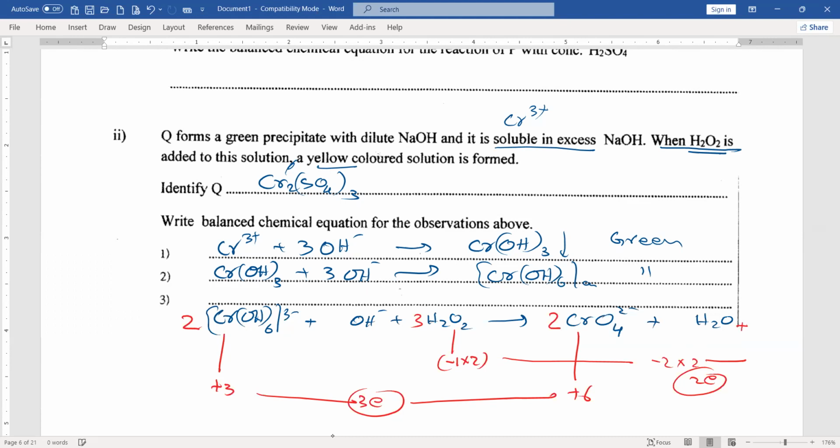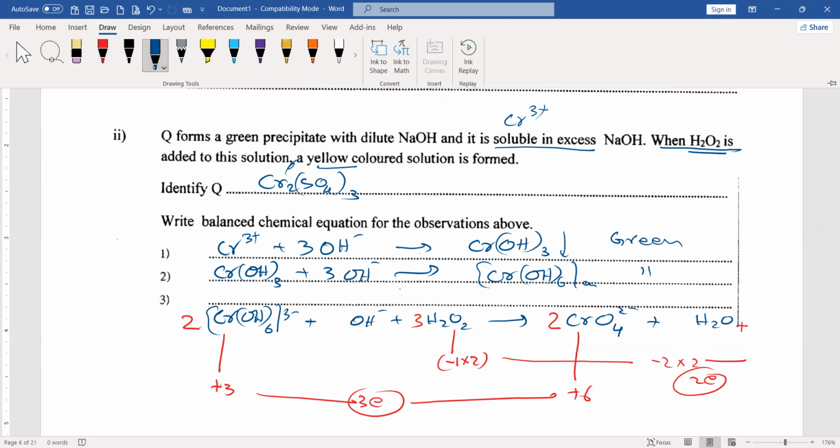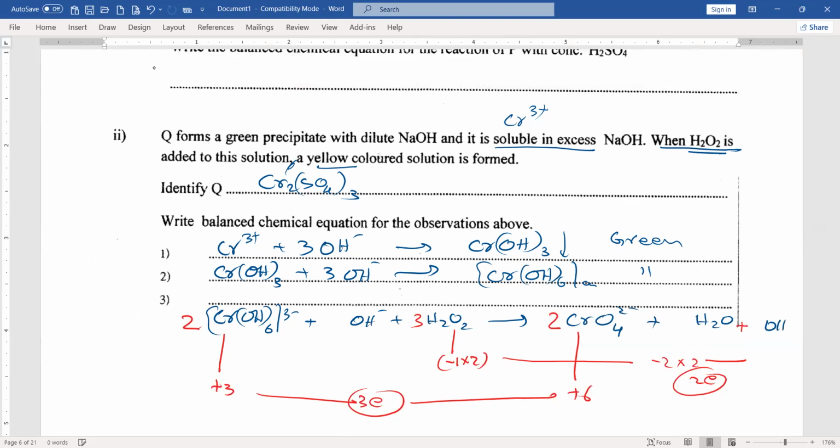You have some excess of OH minus here, and the minus charge has to be balanced on both sides. The only thing you can give minus charges to this solution is OH minus. So here you have 6 minuses, and the right hand side must be 6 minus, so you can put 2 OH minus and remove the OH from this.